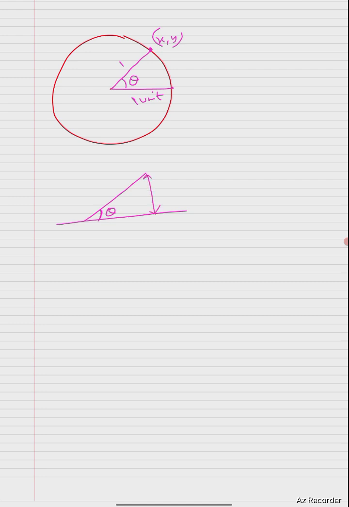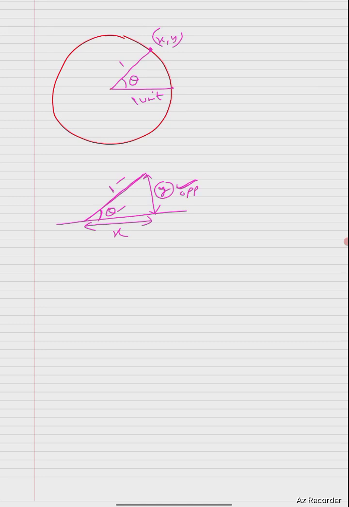Now I would like to find how much is its height, which is y value, how much is its base, which is x value. How we can find that? Here we can make use of the trigonometric ratios. I know theta value and I want a y value. Okay, and I know hypotenuse. Okay, so out of these three, theta, y, and 1, using these three, I can find the value of y.